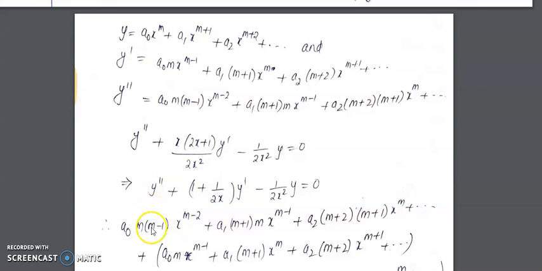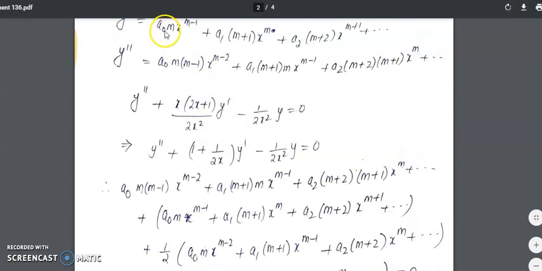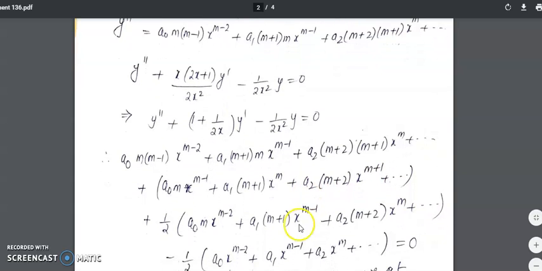The term for y double dash is the series above. Then substitute y dash in 1 by 2x y dash. I have divided by x, giving a naught m x raised to m minus 2, then a1 into m plus 1 x raised to m minus 1, then a2 into m plus 2 into x raised to m, etc.